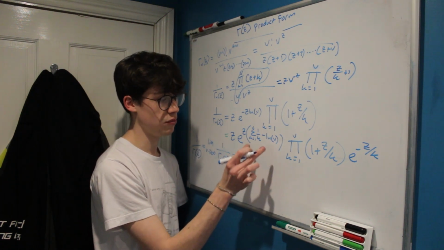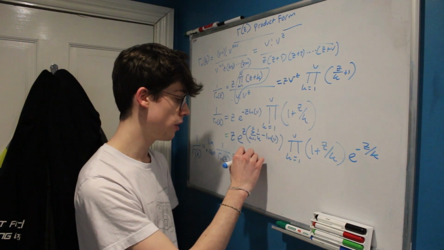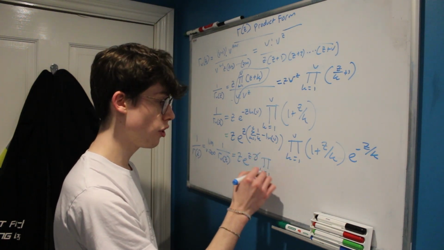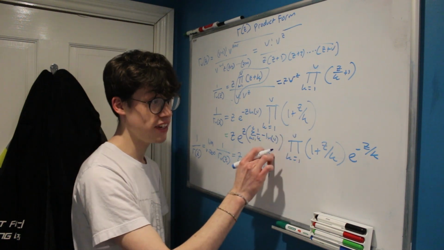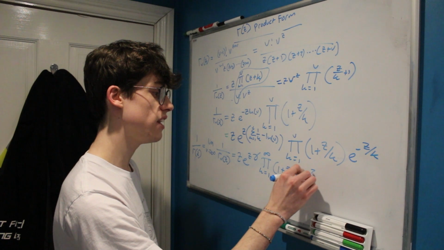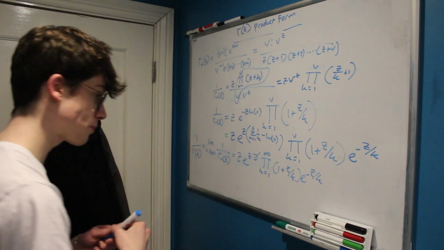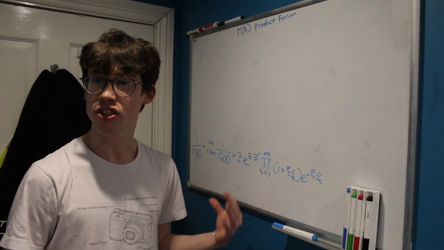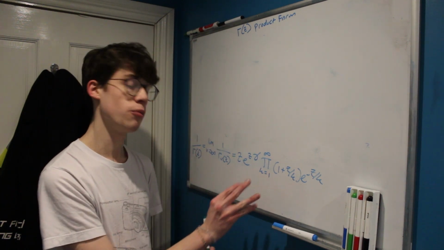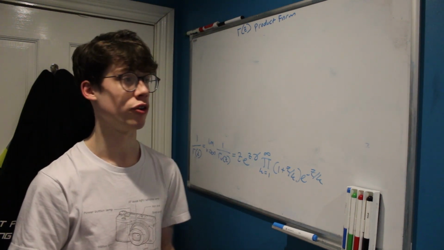E to the z times this limiting difference, well, we know that's the Euler-Mascheroni constant, times the product from 1 to what's now infinity of 1 plus z over k times e to the negative z over k. So we've now reached our final form of the gamma function. This is its infinite product form, also known as the Weierstrass product.